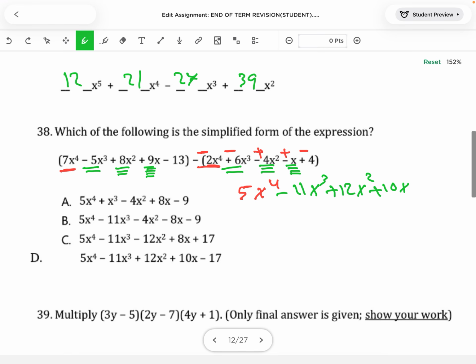And negative 13 minus 4, sorry, is minus 17. And the answer is, I assume, D.